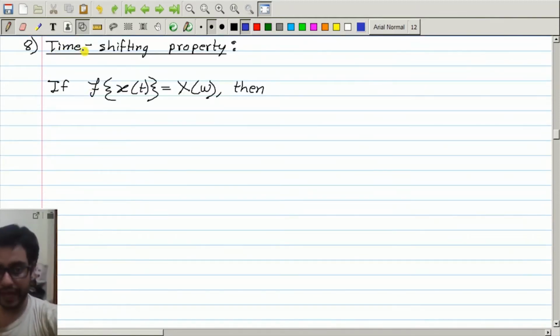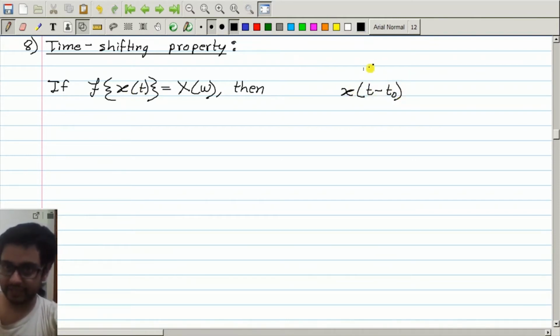Next, we shall look at time shifting property of Fourier transform. Once again, we start with the fact that Fourier transform of small x(t) is equal to capital X omega. Then let us consider a time shifted version of small x as say x of t minus t naught time shifted.